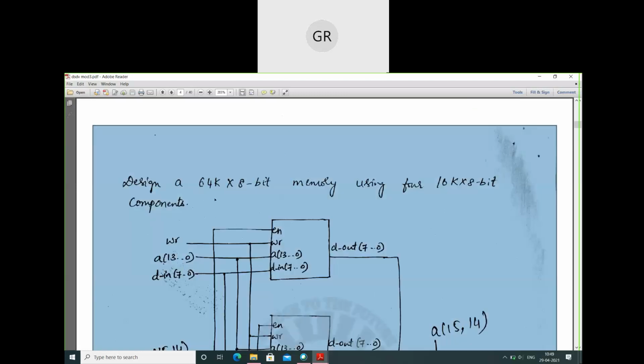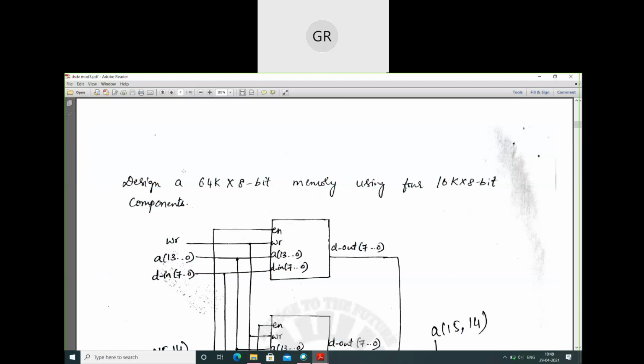Total for this 64K, the address bit is 16-bit. But here we have the memory block of 16K. For this 16K, log of 16K divided by log of 2 will become 14.